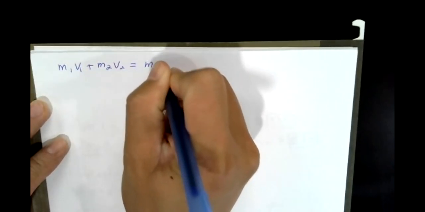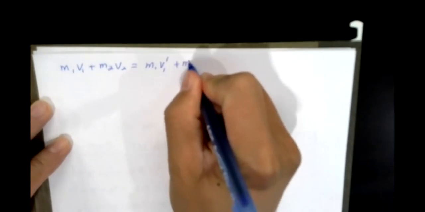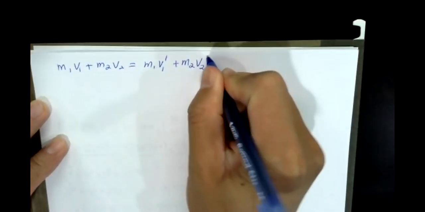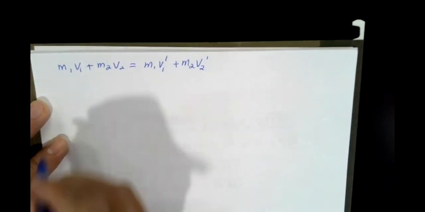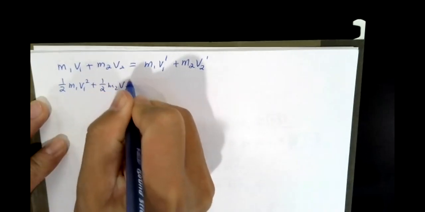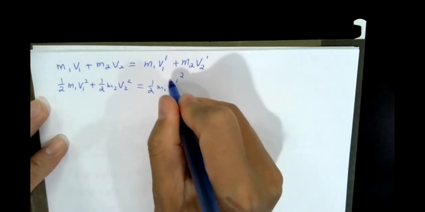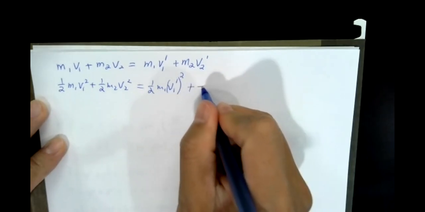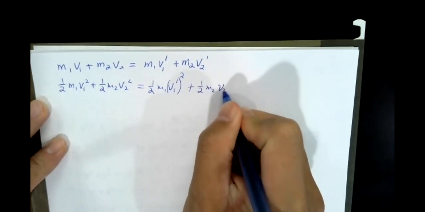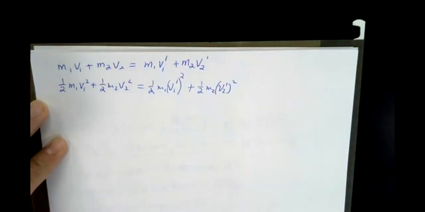If you apply conservation of momentum, you write initial momentum equal to final momentum. So m1 v1 plus m2 v2 equals m1 v1 prime plus m2 v2 prime, where the prime denotes the final status. Then you can write 1/2 m1 v1 squared plus 1/2 m2 v2 squared, which should equal 1/2 m1 v1 prime squared plus 1/2 m2 v2 prime squared.